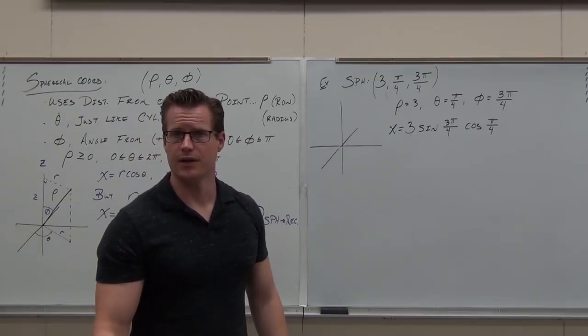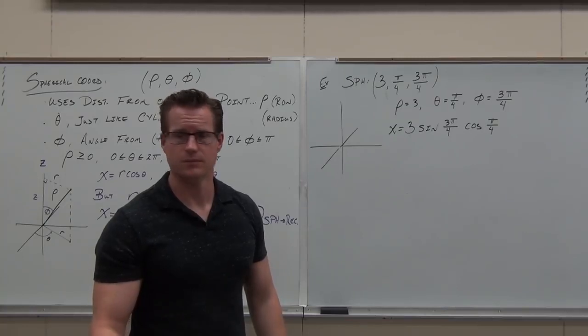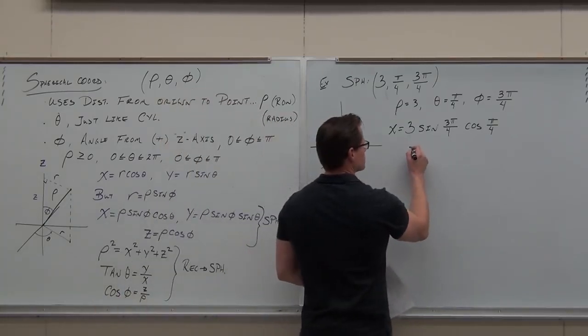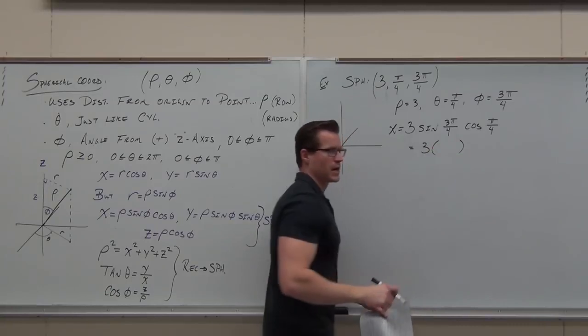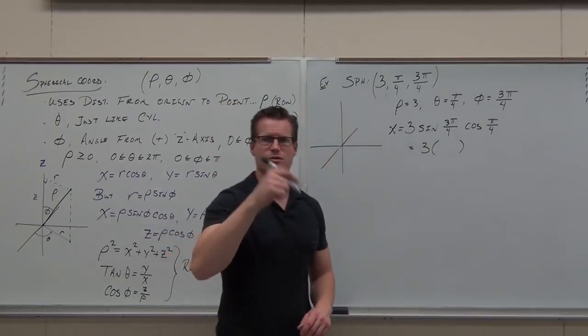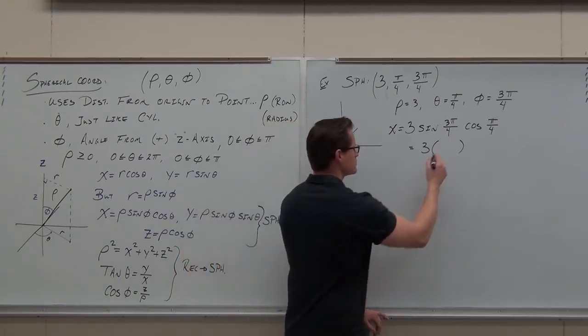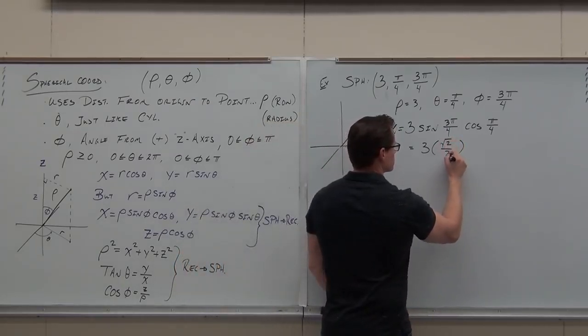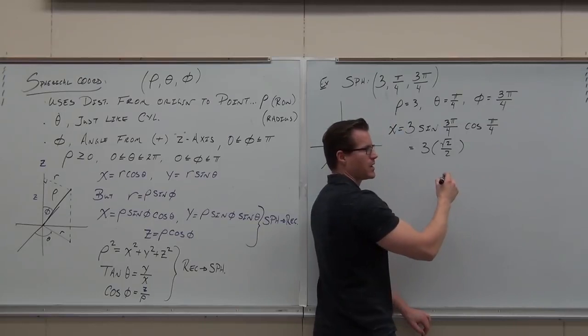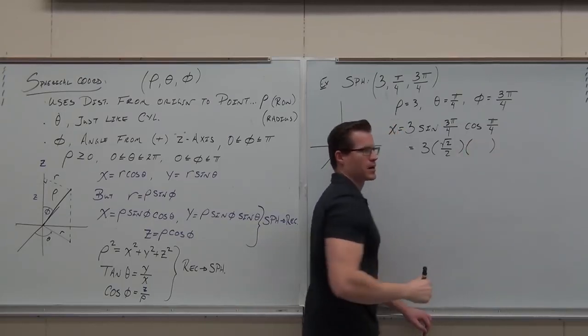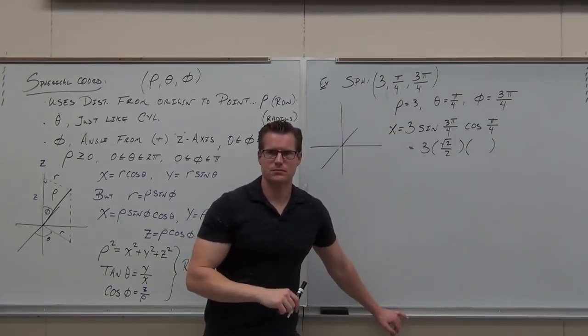You sure you're okay with that one? Are you at all good at your unit circle stuff? Yes. Sine of 3 pi over 4. Sine has to be positive. 3 pi over 4, it's root 2 over 2. Cosine pi over 4, that's in the first quadrant.